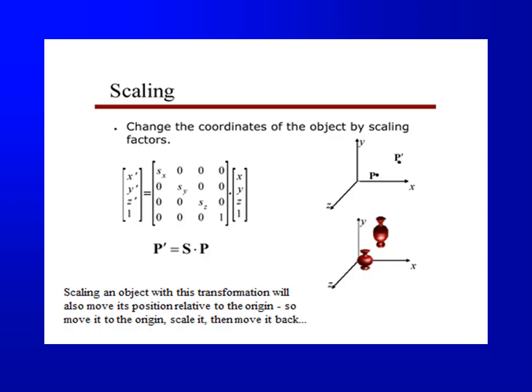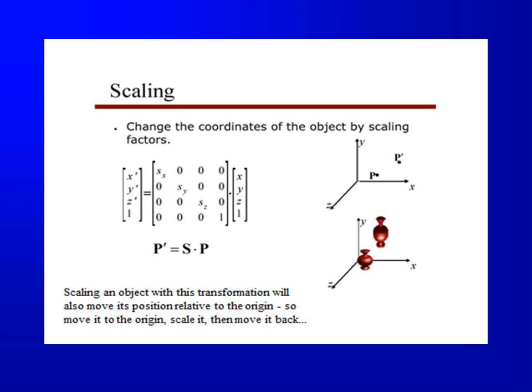So the next topic is scaling. Scaling means changing the size of any object, right? We already saw scaling in two-dimensional and homogeneous transformation also, right? So same over here. First we see the formula of it, that is P dash is equal to S dot P. This dot means the multiplication sign, right? So we have a matrix, that is x dash, y dash, z dash and 1.